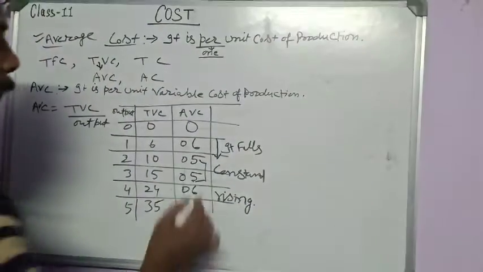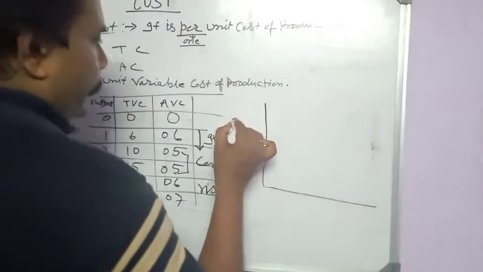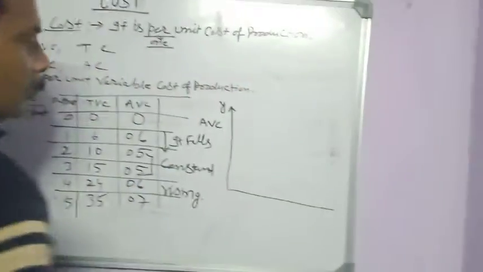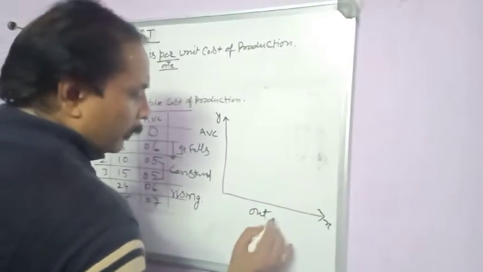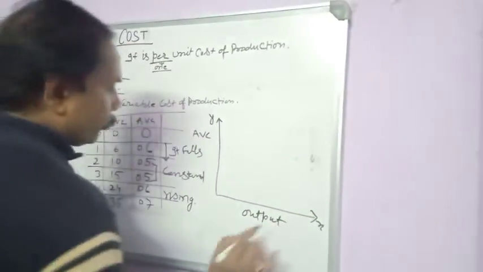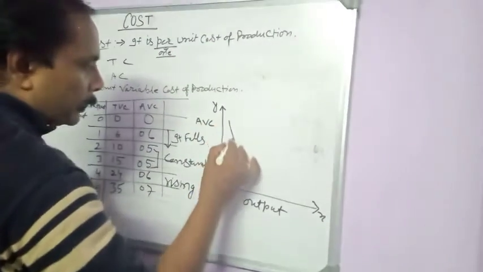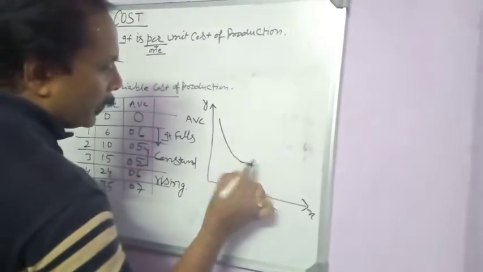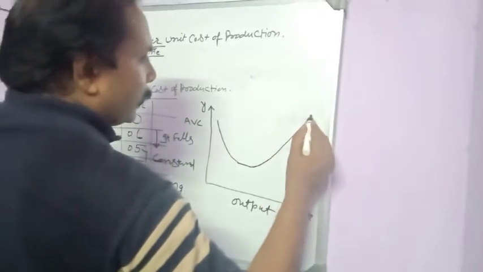Clear? So, suppose if we draw, what will happen? AVC, average variable cost, is located on the y-axis. Output is located on the x-axis. So first it falls. Now it becomes constant, and after that it starts to rise.